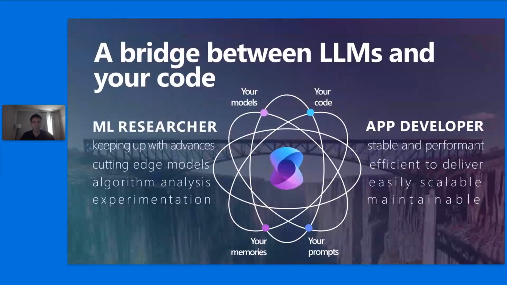Okay. So if you see here, Semantic Kernel is in the middle. On the left side, you see the people that create the models, the people that are researching and creating AI, because people like OpenAI, Azure are service providers.